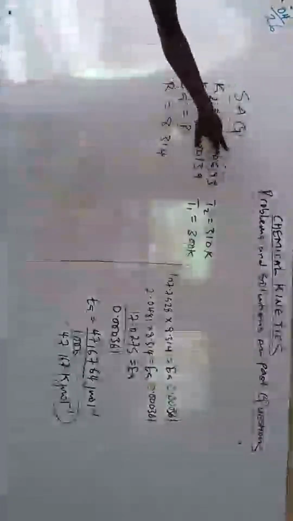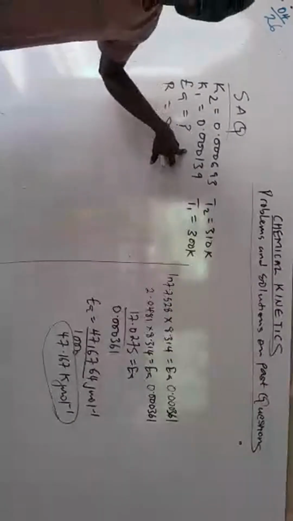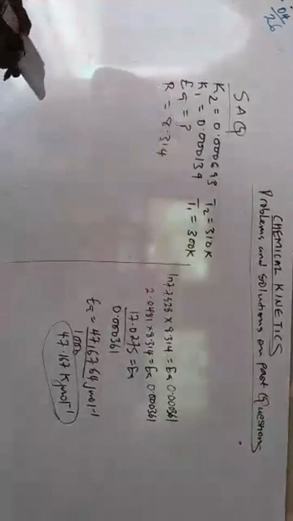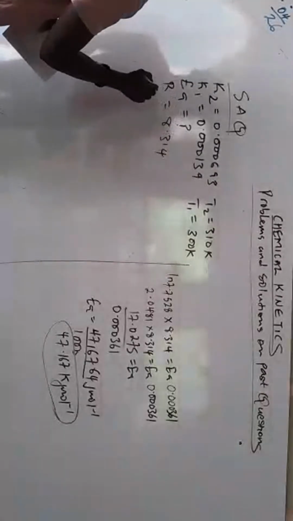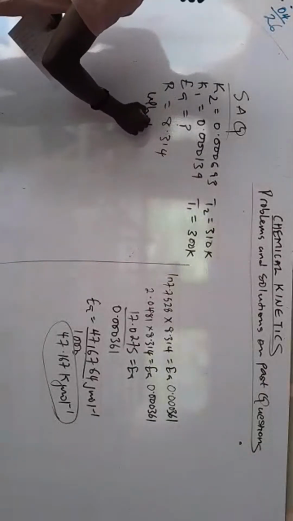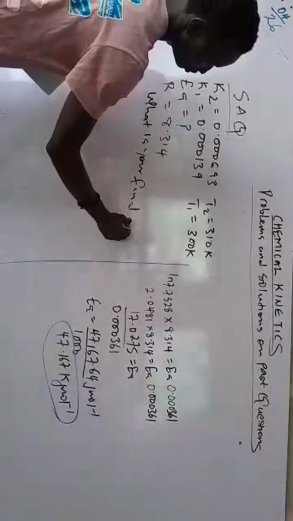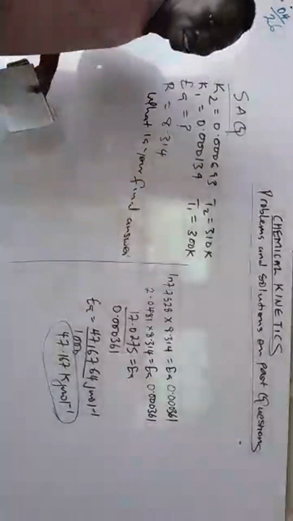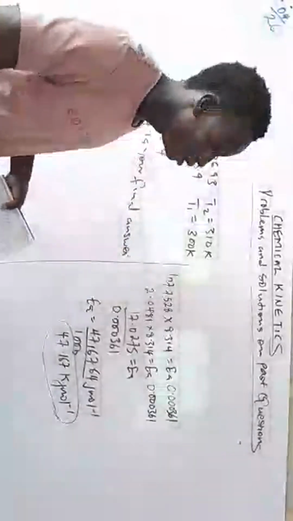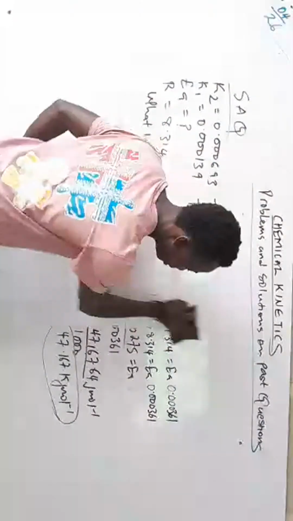Take note of that. The two rate constants also share the same unit, which is liter per mole per second. So what is your final answer? Let me know that in the comment section when you are through with that.